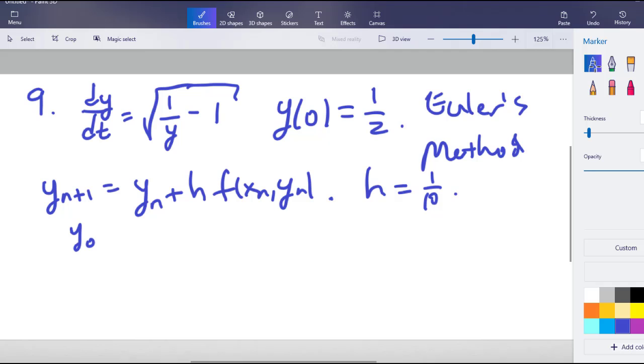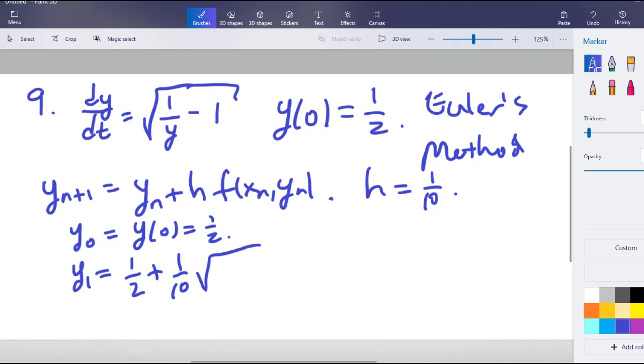We start with y0, which is y of 0, which in this case is 1/2. The first iteration of the method says y1, that's choosing 0 for n in the formula for Euler's method. It's going to be y0, which is 1/2, plus h, which is 1/10, times the square root of 1 divided by 1/2 minus 1.